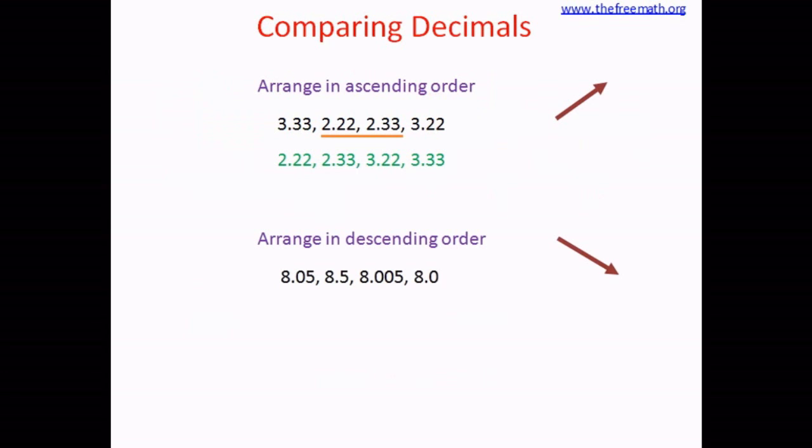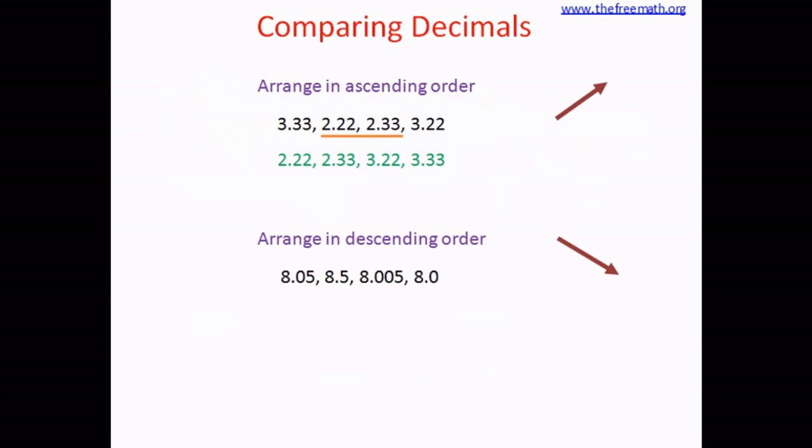Let's look at the next example. Arrange in descending order, and we again have 4 decimals here. Now in this case, the whole number part is the same for all the decimals. Everywhere the whole number is 8. If you look at the number of places after the decimal point, it varies.